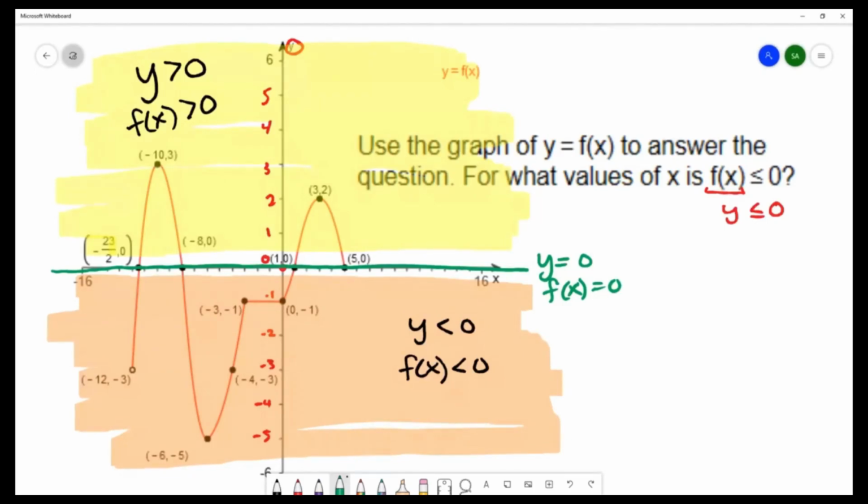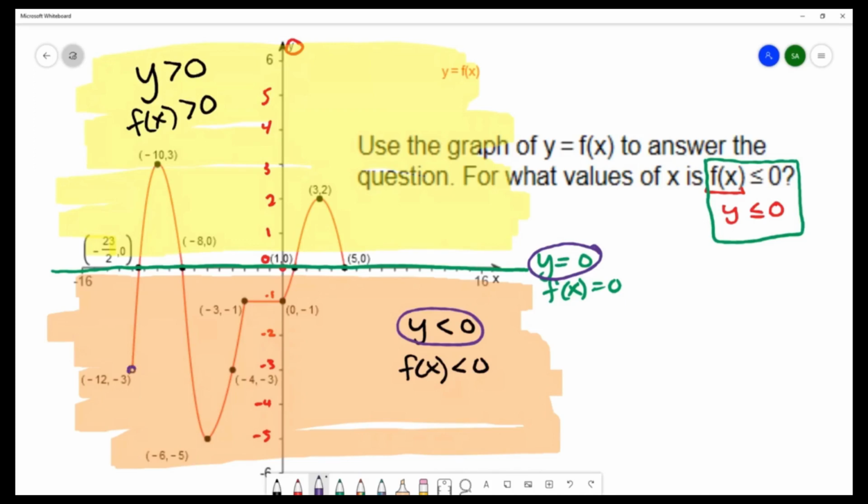So remember our question. Our question is, when is f of x less than or equal to 0? When is y less than or equal to 0? So what we want are the portions of this graph where we have equal to 0 or less than 0. So let me highlight that for you guys in this purple color.